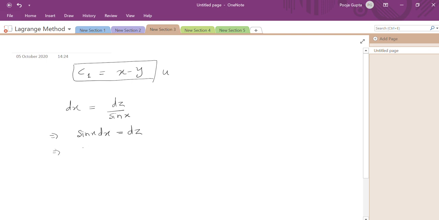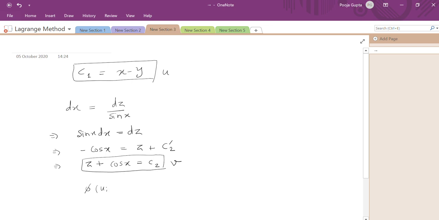After integration we get minus cos x is equal to z plus c2, which we can write as z plus cos x is equal to c2 dash, let's say c2. So here we are getting another solution. This is our v.